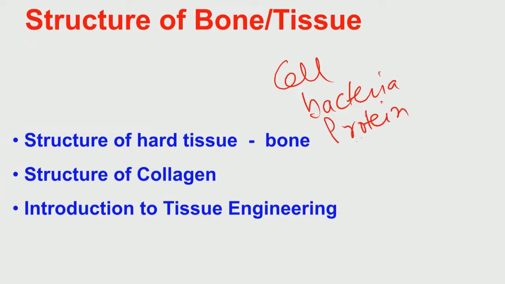Not only the structure, but also certain characteristics which are of relevance to cell biology as well as biomaterial science were discussed to a greater extent for all these three elements, that is cell, bacteria and protein.